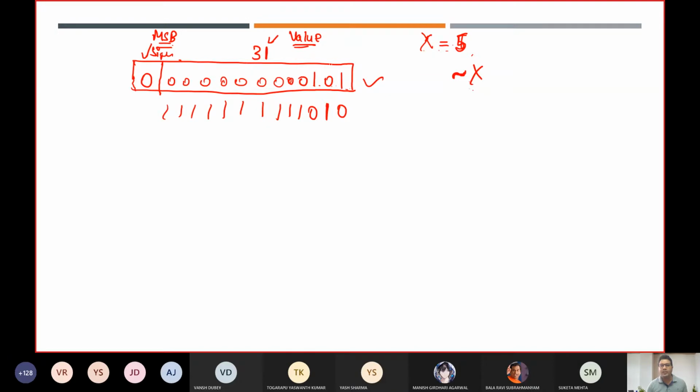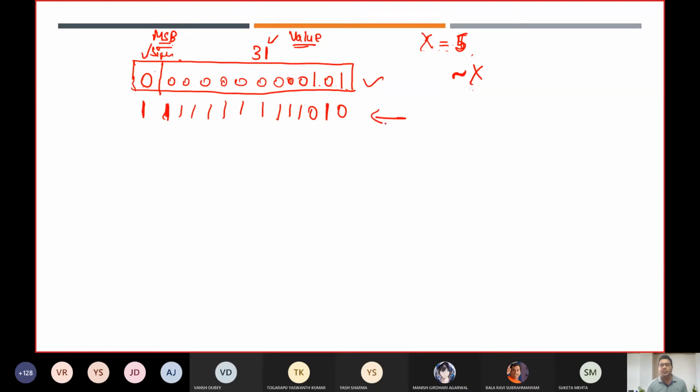You already know that these are a total of 31 bits. I'm not representing the entire bits right now, but all the bits will become 1. Also over here, 0 will become 1. So my sign bit will also change: initially it was 0, now because we are performing the complement operation, it will become 1.